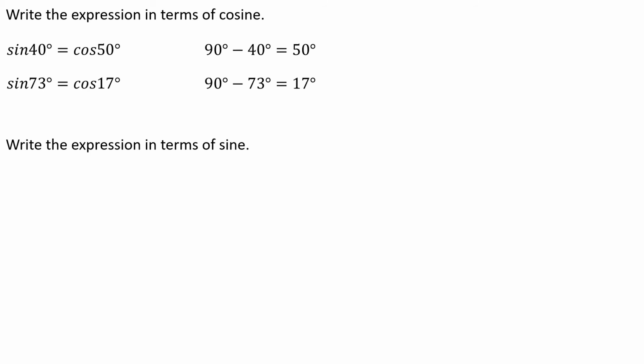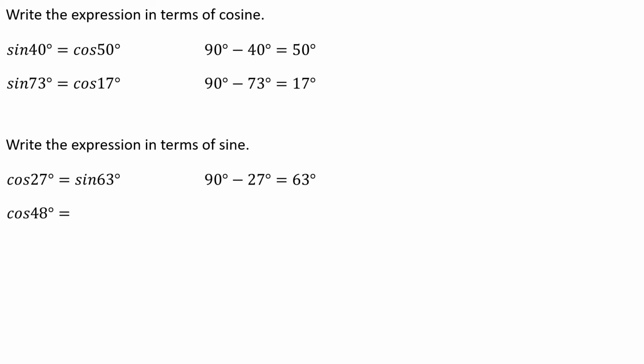Okay, let's go the opposite way. I'll start out with cosine, and let's rewrite this in terms of sine. Cosine of 27 degrees has the same value as the sine of 63 degrees.